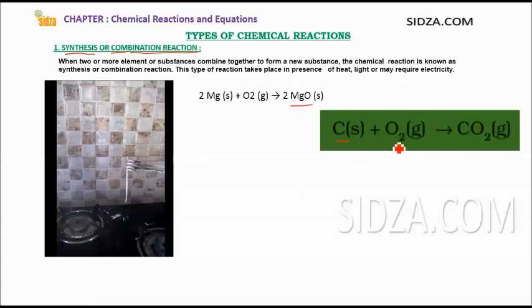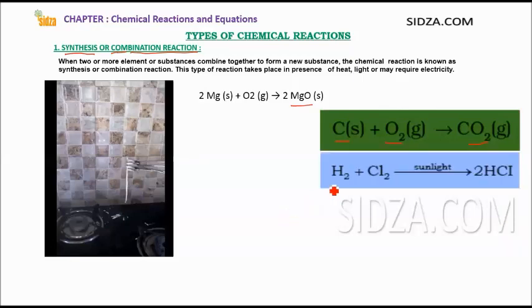Carbon can react with oxygen and form carbon dioxide. Again, another combination reaction, isn't it? This is one more combination reaction where two elements combine and form one substance. Another one: hydrogen and chlorine combine and form one substance, HCl.